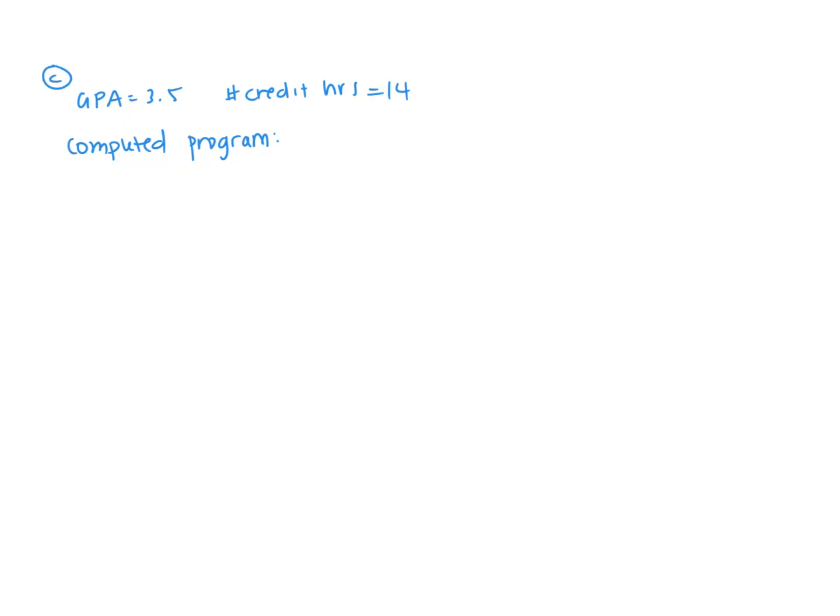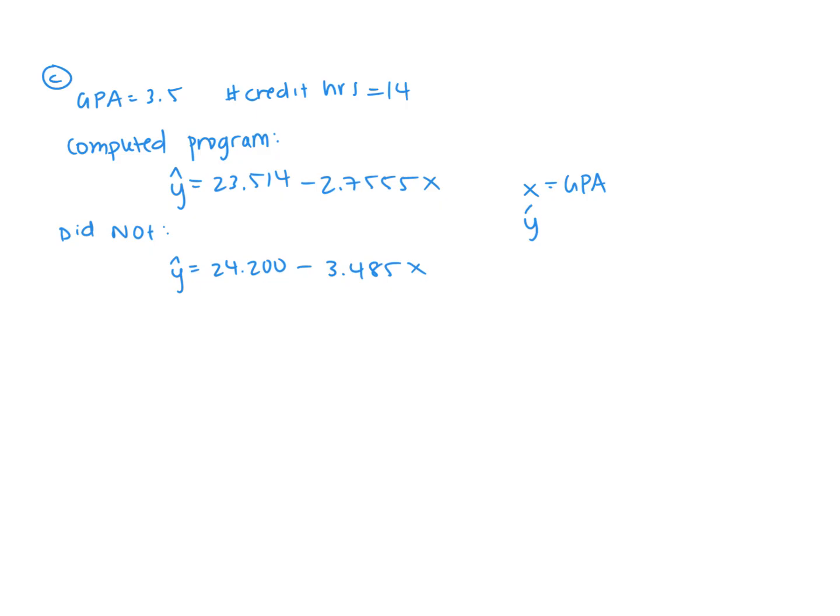The model from the previous page was y hat is equal to 23.514, subtract 2.7555x. And those who did not complete the program is y hat is 24.200, subtract 3.485 times x. In both cases, x is the GPA, and y hat is the predicted mean number of credit hours.